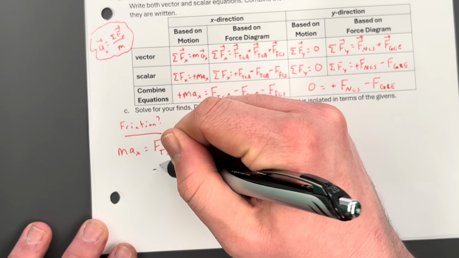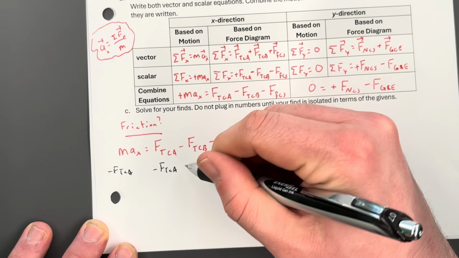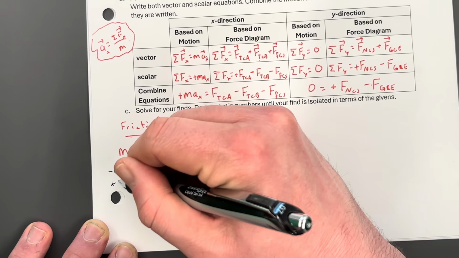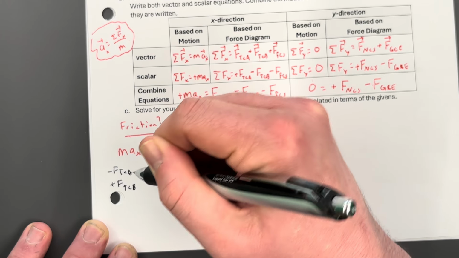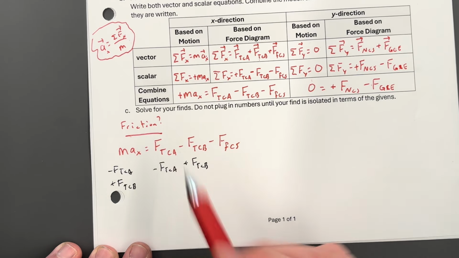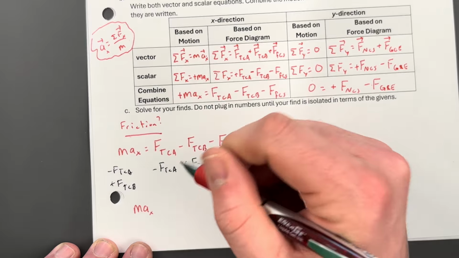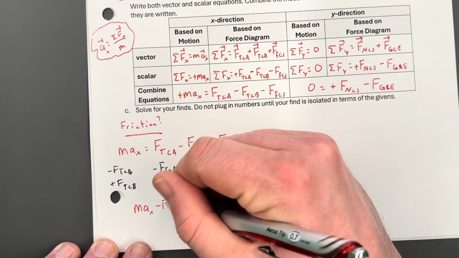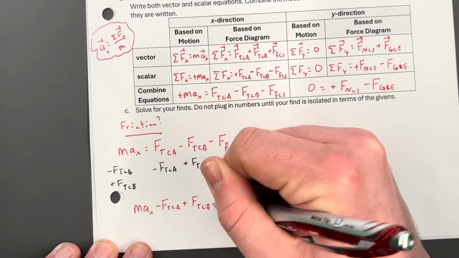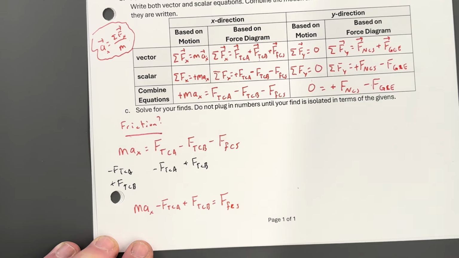We're going to subtract FTCA from both sides, and we're going to add FTCB to both sides. When we do that, the left side looks like MAx minus FTCA plus FTCB equals the friction force on the crate by the surface.